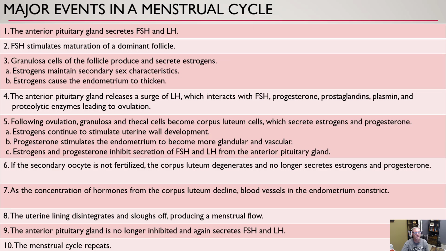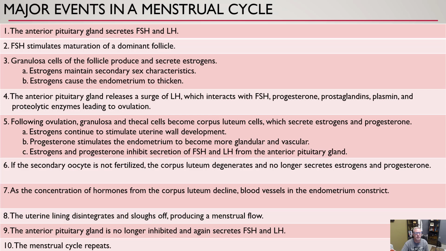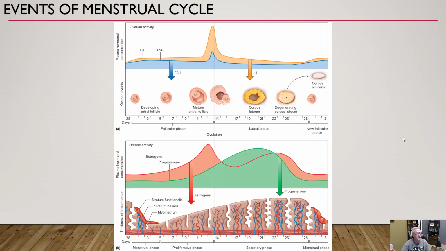Here are the events in a menstrual cycle. I'm going to reformat it just a little bit. There we go, a little easier to read. And also here you can see a picture version of what happens in the menstrual cycle.